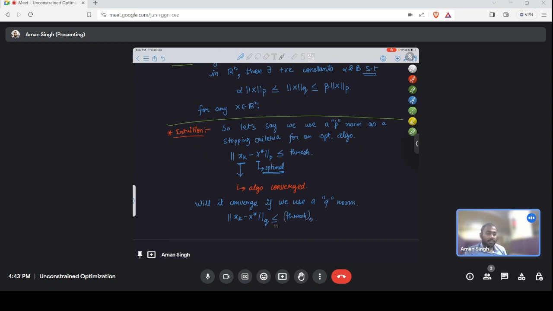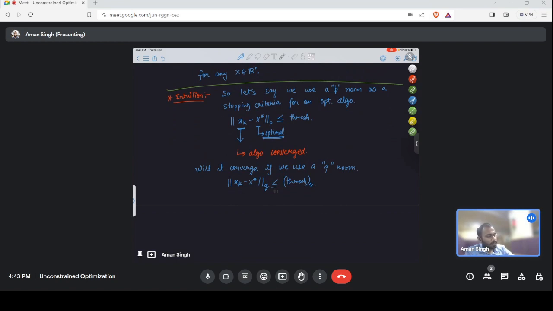Will it converge to the same point, or will it converge at all? It turns out that because of the above result, we can say yes, it will converge with the q norm also.